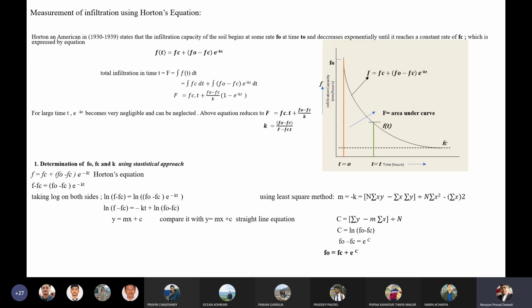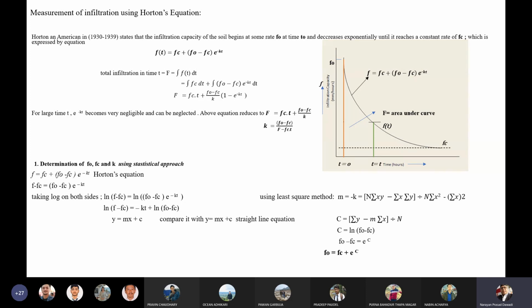He introduced the infiltration capacity of soil and said there begins some rate of infiltration at a higher rate f0 at time t0 and decreases exponentially until it reaches a constant rate of infiltration fc, which is expressed by the equation f is equal to fc plus (f0 minus fc) e power minus kt.